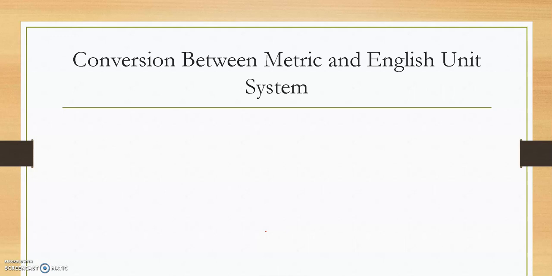The conversion between the metric and English unit systems. There are a lot of units under these categories. Say for example, a 1 foot unit is under the English system, but it has an equivalent value in the metric system. To be specific, in terms of meters, it is equivalent to 0.3048 meter.